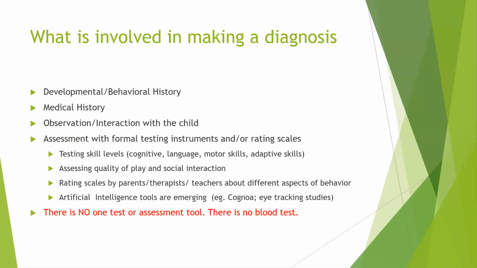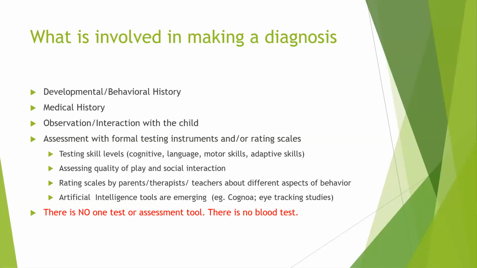And then we also go through assessments, formal testing instruments, such as we do formal testing of the child's cognitive skills by doing some standardized testing in the office, language skills, motor skills, as well as their adaptive skills.